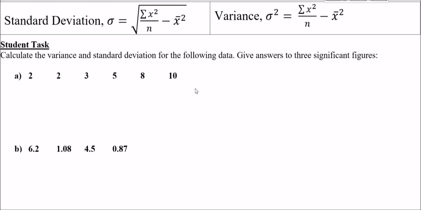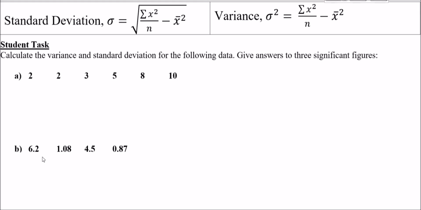And the second option, which I definitely want you to do, either on its own or second to manually, is to use your Class Wiz to work these out. Using your Class Wiz to do standard deviation and variance is an absolute must-know. So, doing them those ways, pause the video now, try part A and try part B, and then press play when you want to check your answers against mine.